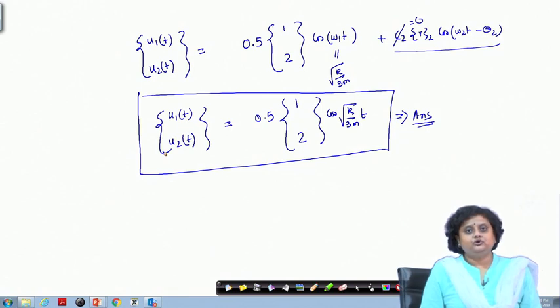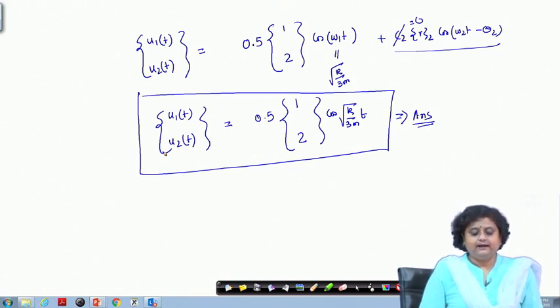One more thing that should be noted here, that though we have talked a lot about finding out the mass normalized mode shape, so that the product of the modal matrix transpose into mass matrix into the modal matrix phi is equal to 1. Here for this particular case, we did not bother to mass normalize the mode shapes.